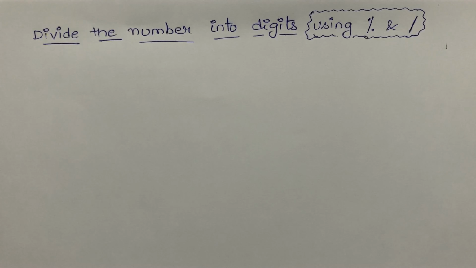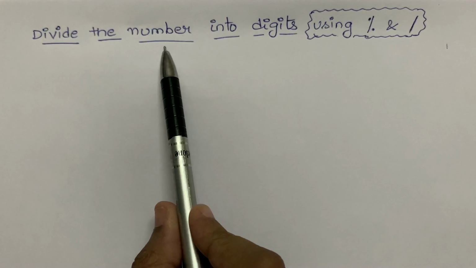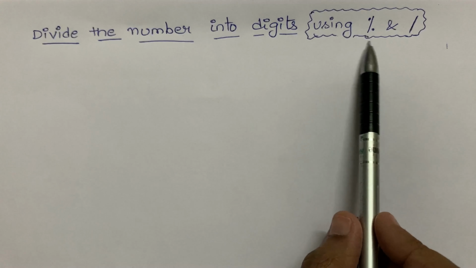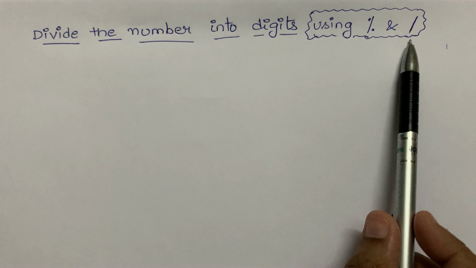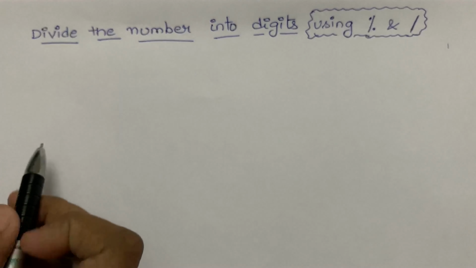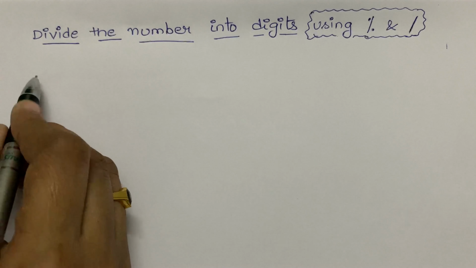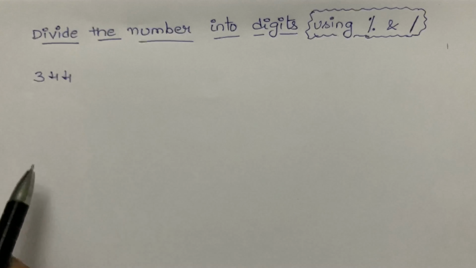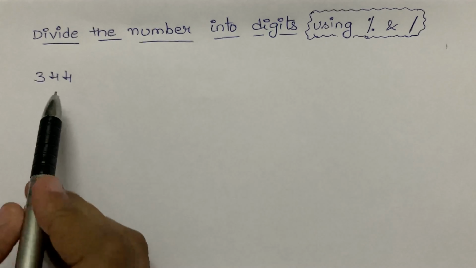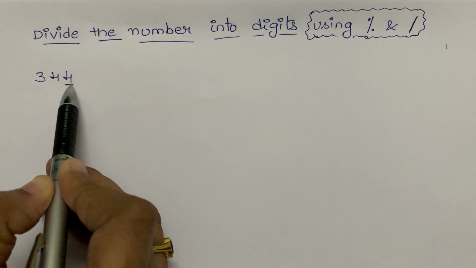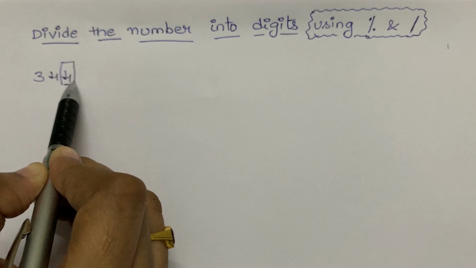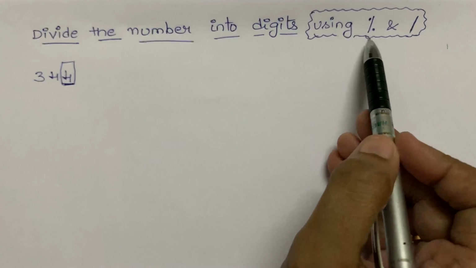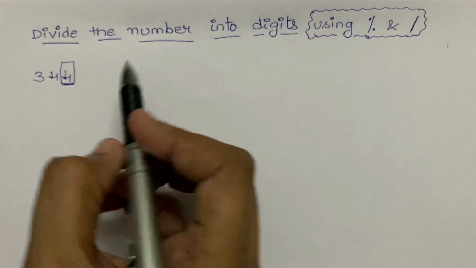Here I will be discussing how to divide the given number into digits using modulus and division operators. So let us take the previous example, 344. In order to get the ones place digit as my result, we use the modulus operator.